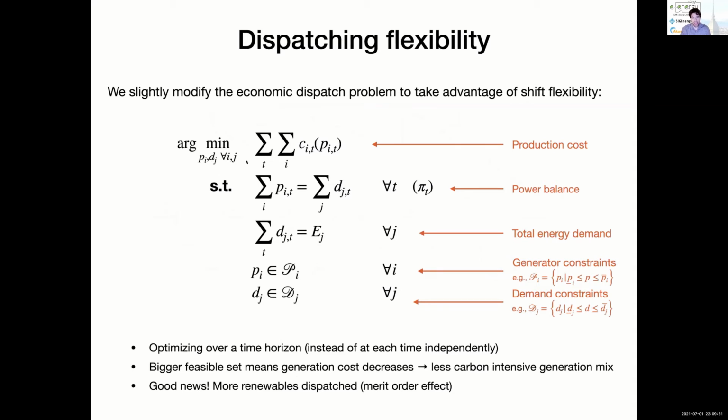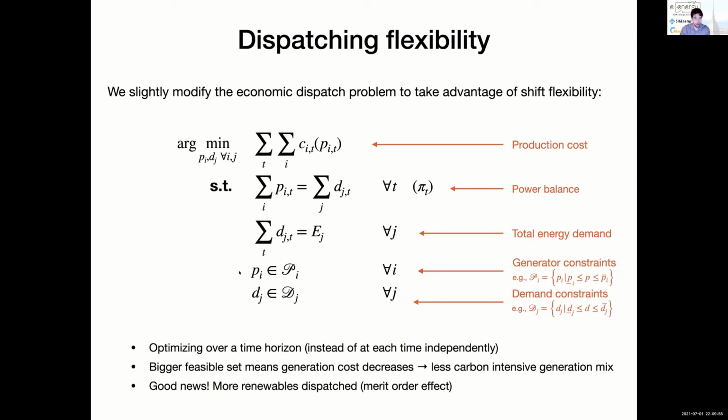This captures the idea that we're going to need to shift demand between times. Nonetheless, we need power balance to hold in each time period. And the constraint here is that the sum of the demand over the time horizon is equal to E sub j, where E sub j is the total amount of energy requested by each load. That is a constraint that needs to hold.